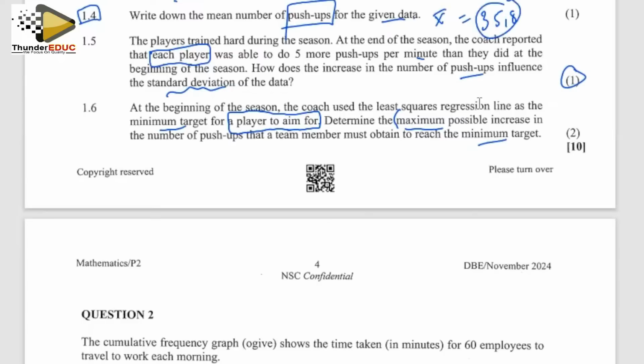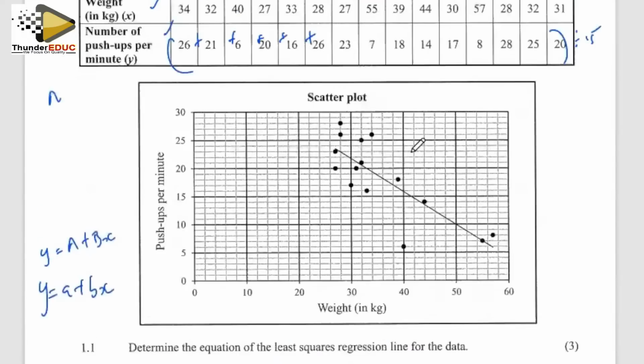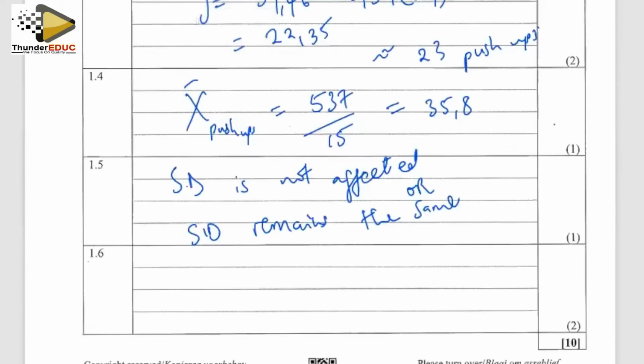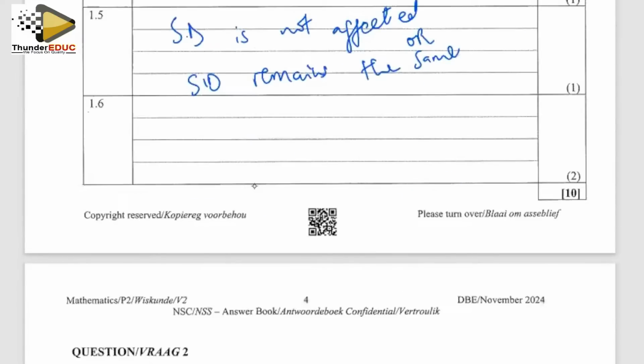But from our regression line, if we look at the y-intercept of this graph, remember from our equation, we found it to be 39 or something. So the y-intercept is 39,46. But currently the average is 35,8.